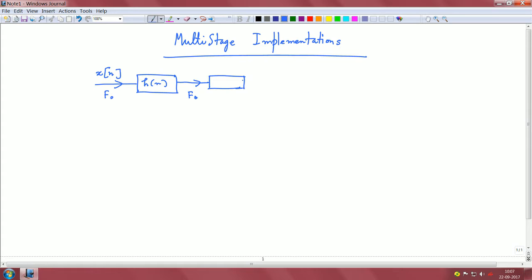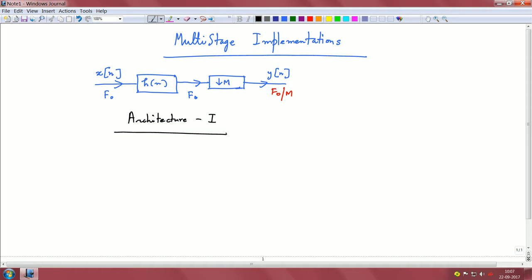We downsample this by a rate M, and we have the signal here at a rate f0 upon M. I will say this is architecture 1.